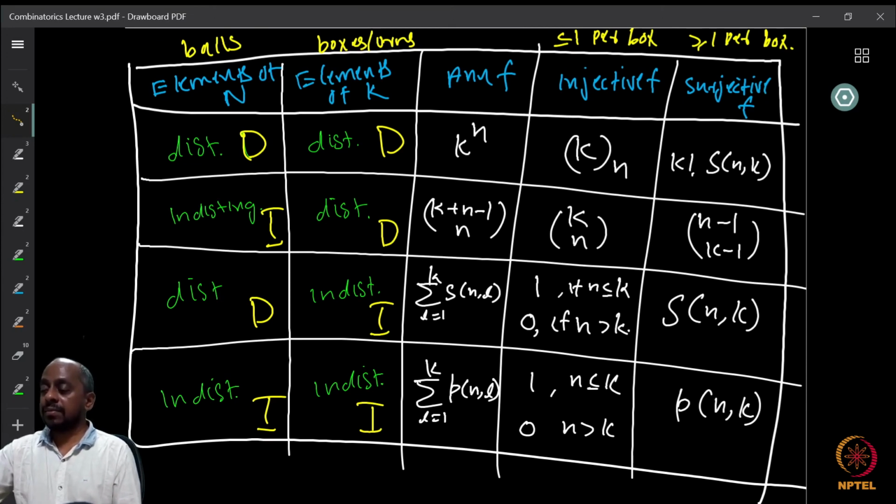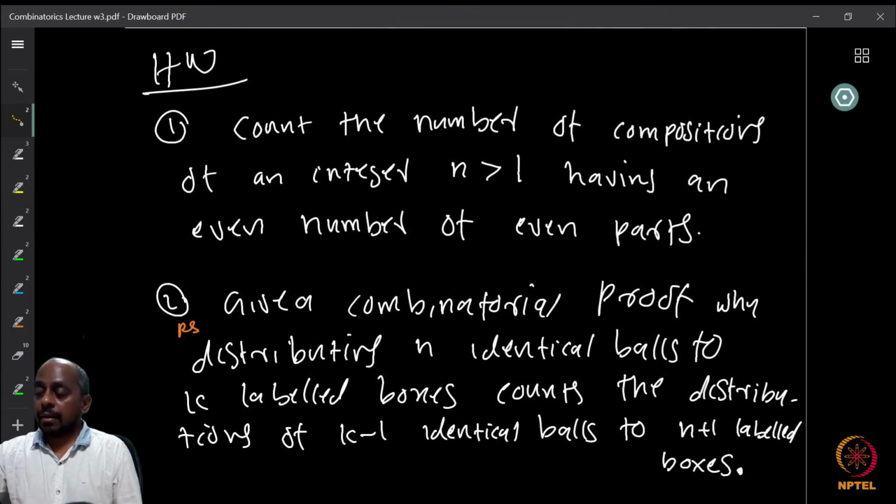Each of these we have done in our previous classes. I think that is basically collecting so many different counting questions into the same framework of just distributing balls to bins, which is a nice way to look at this. That is the reason we looked at it, and a couple of homework questions.